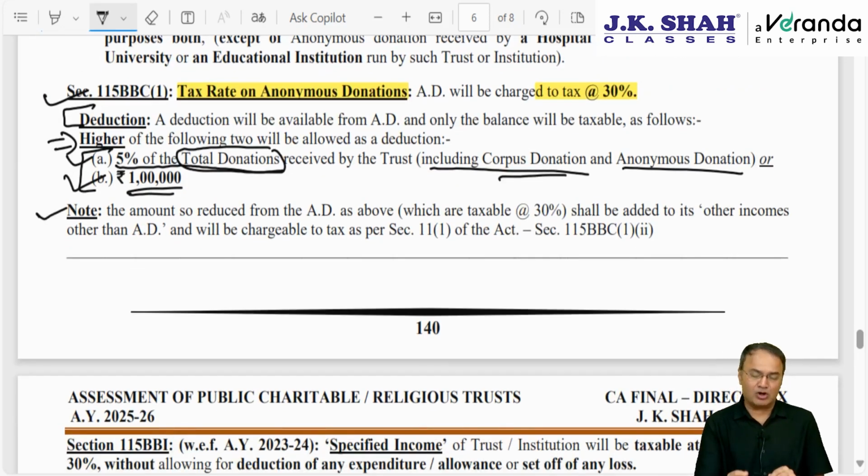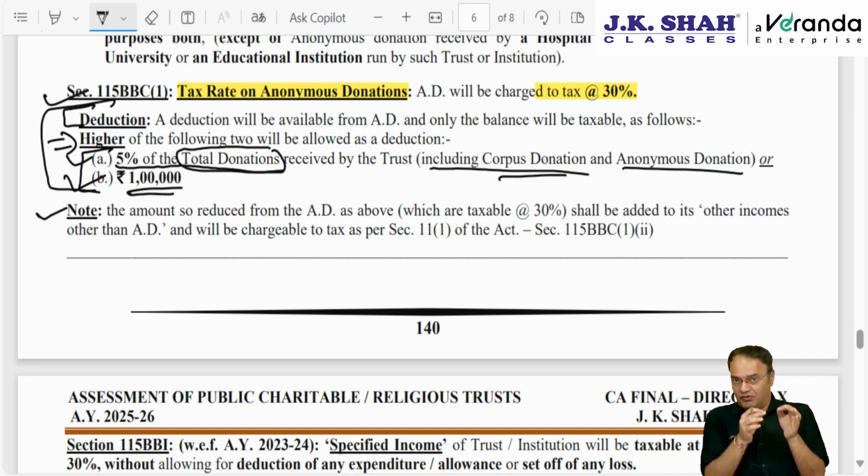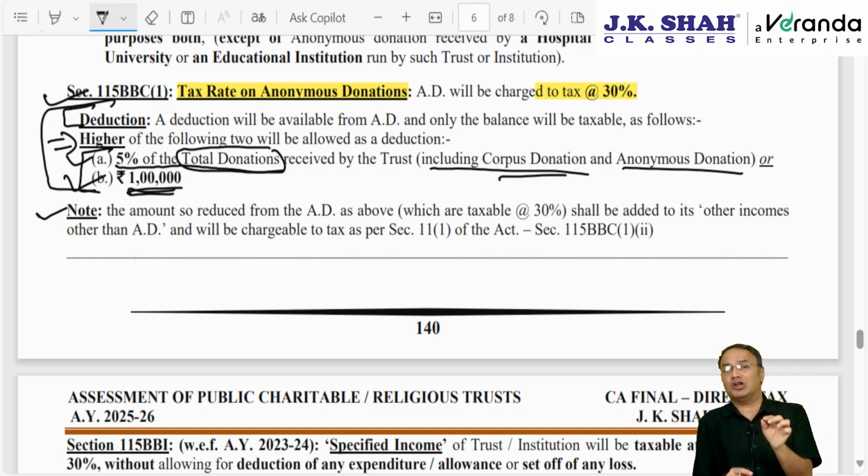Okay, and then an important point, the amount which we are reducing from the anonymous donation, this deduction will not go totally untaxed. When you are deducting something, say 1 lakh rupees deducted, you are reducing it from the amount going to be taxable at 30% rate. That doesn't mean that the 1 lakh rupees so deducted will totally go untaxed. It will not go untaxed.